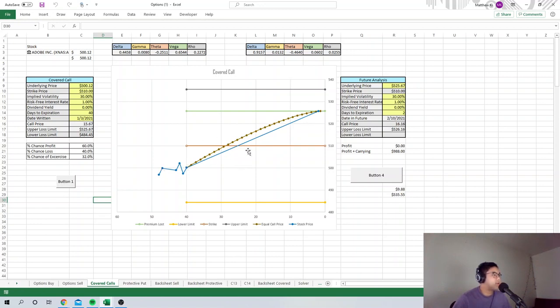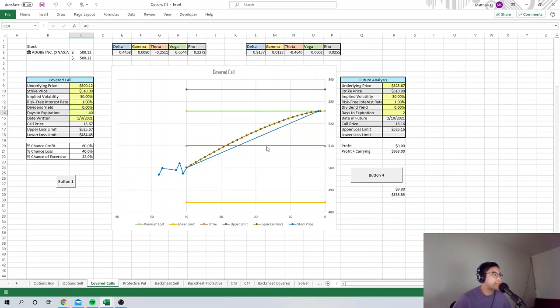So for this one, the underlying was 500. The strike price, you can set when you write an option. So I set it at 510, and the IV, all this stuff you have to plug in.